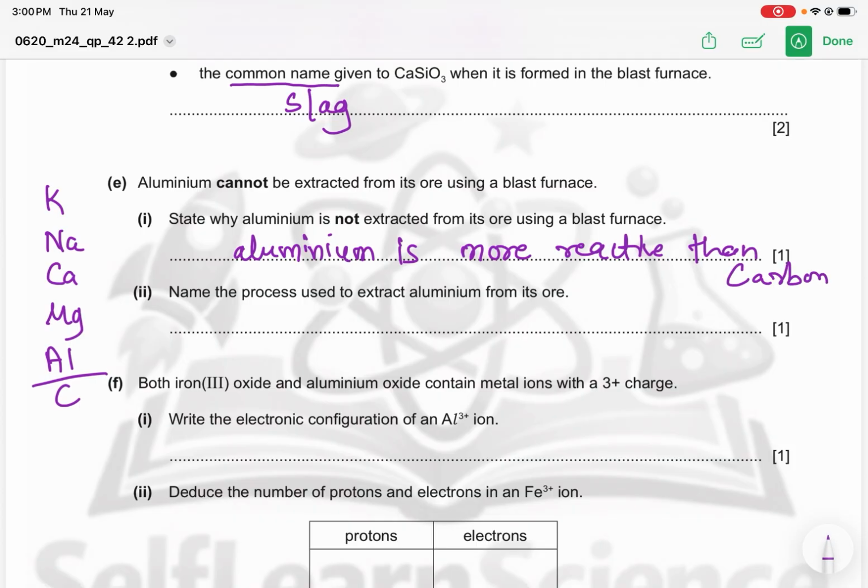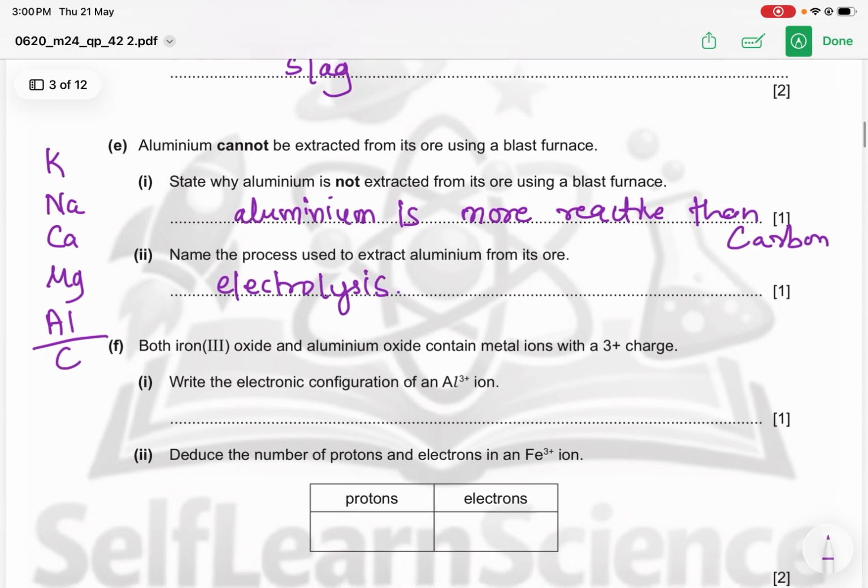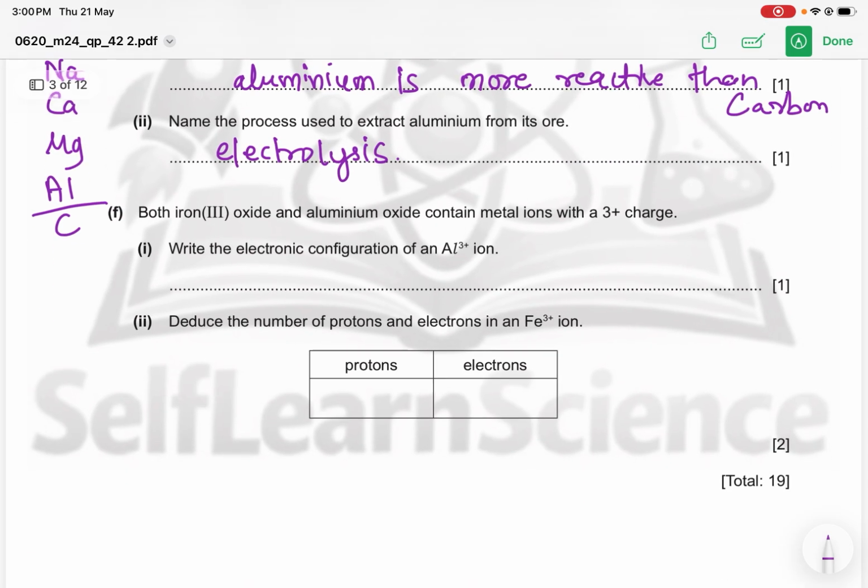Name the process used to extract aluminium from its ore. So it is extracted using electrolysis. Next, both iron 3 oxide and aluminium oxide contain metal ions with a 3 plus charge. Write the electronic configuration of the Al3 plus ion.